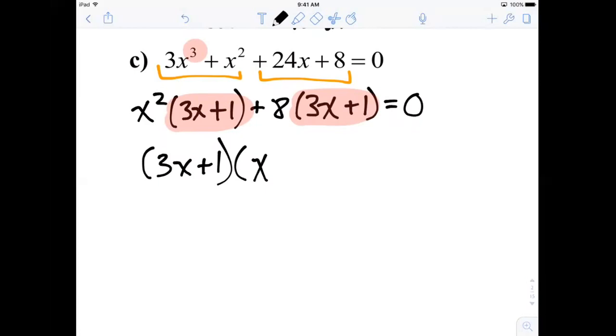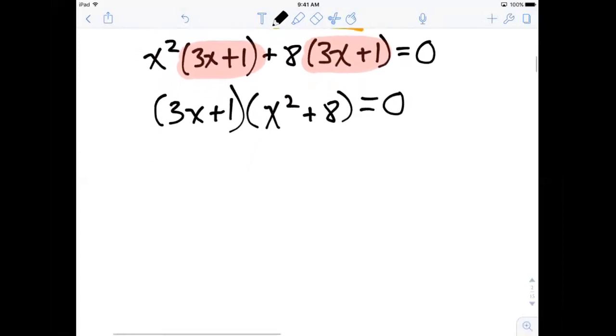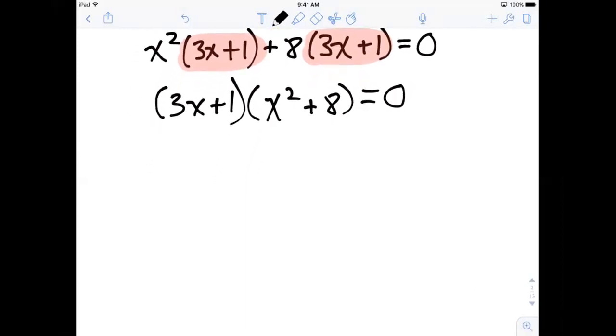So the first chunk has an x squared left over, the second chunk has a positive 8 left over, and that's still all equal to 0. So now I started with something that was just a fully expanded out cubic, and now I've actually broken it down into separate factors where one is a linear factor and the other one's a quadratic factor.